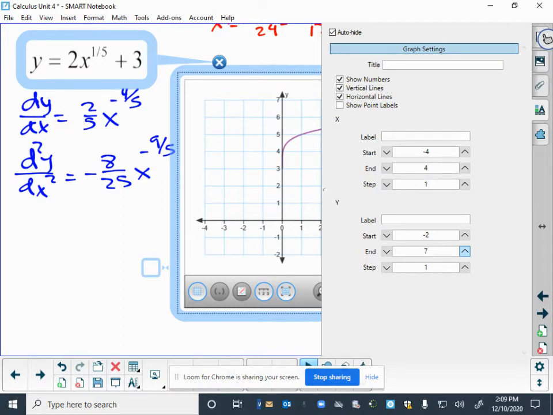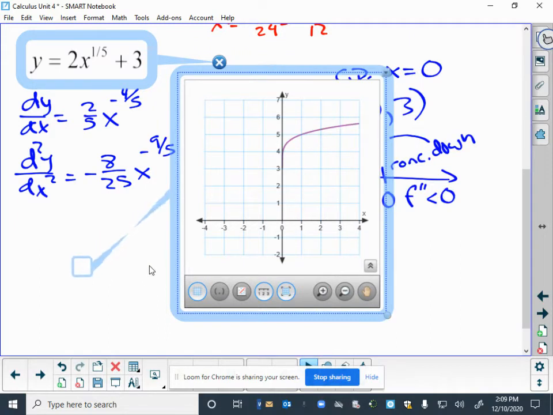And I'm a little bit surprised that I'm not seeing more graph off to the left here. That's that one. It should have also come down through here and kicked off out this direction.